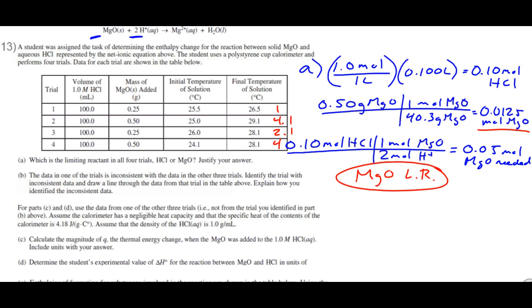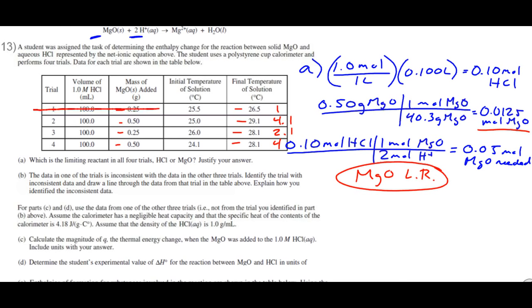And what I noticed was, I'm either using 0.25 or 0.5. This is consistent, right? So that's not going to matter. So you're looking at the MgO. It appears that when you're using 0.5, because both of these are using 0.5, it's around 4. And then when you use half of that, this one right here happens to be half of these other two, while this one, being half of my MgO, is not half of the temperature change of the other MgO, it is double that value.